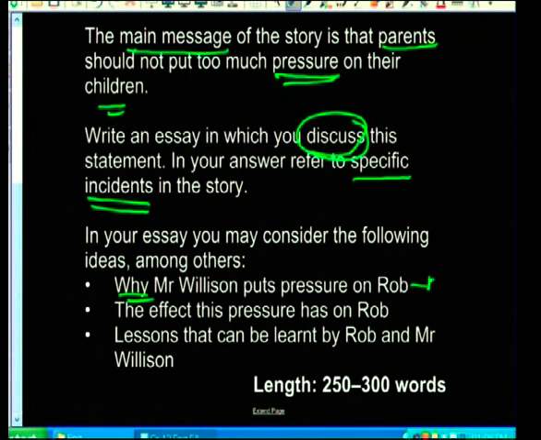So these are the things that you need to comment on. Why Mr. Wilson puts pressure, the reasons. What are his reasons for putting so much pressure on his son? The effect, the results of this pressure. What are the results of that?